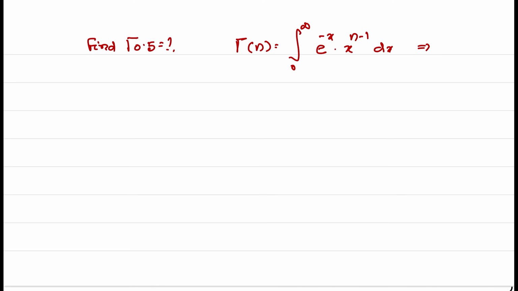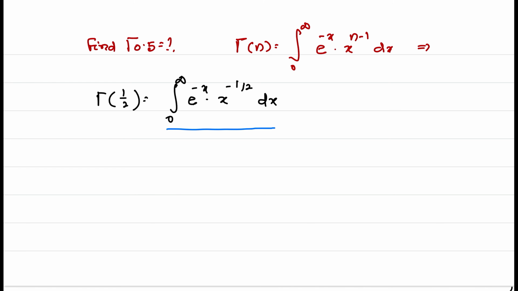That implies gamma half, gamma 0.5, is equal to integral 0 to infinity e to the power of minus x into x to the power of minus half dx. N minus 1 is, half minus 1 is minus half. This value is to be found out.